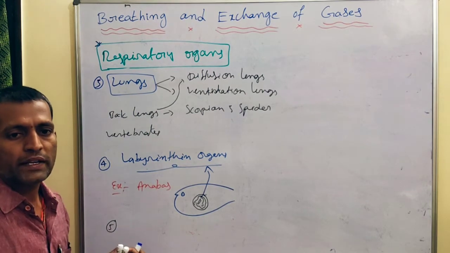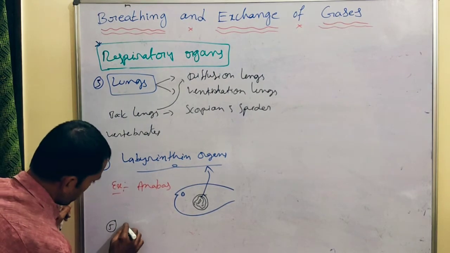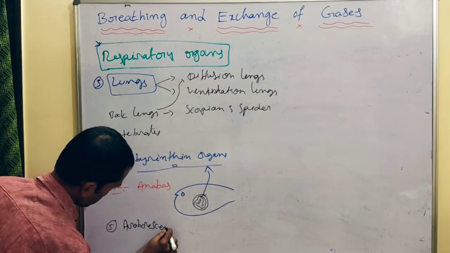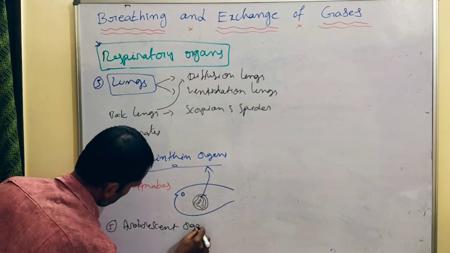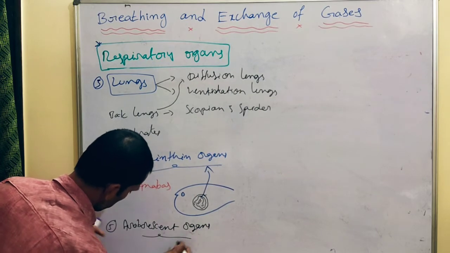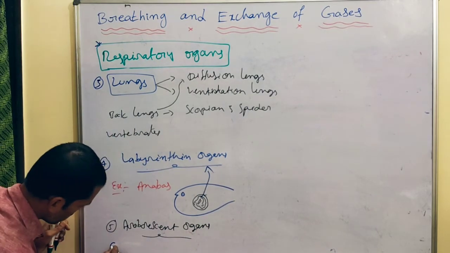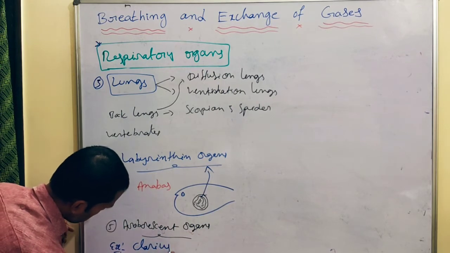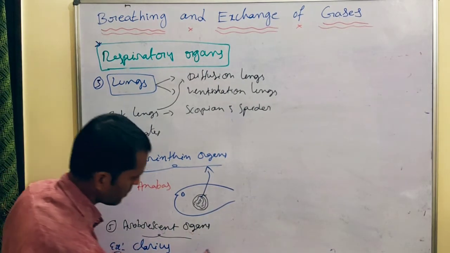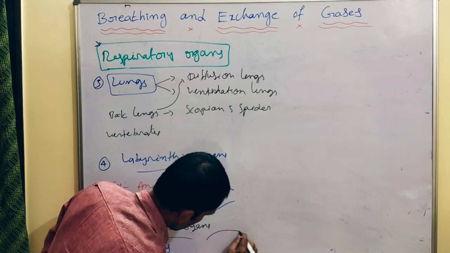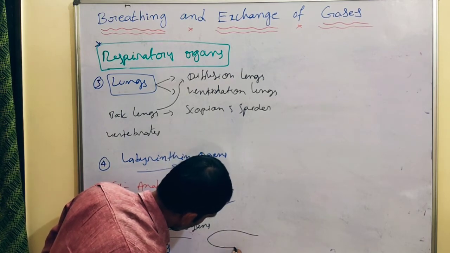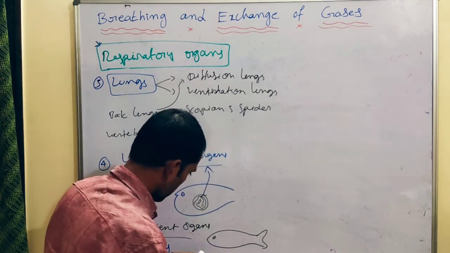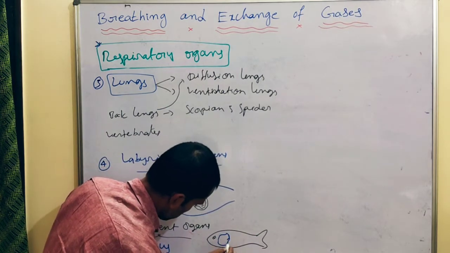The fifth example is arborescent organs. The best example is Clarias.